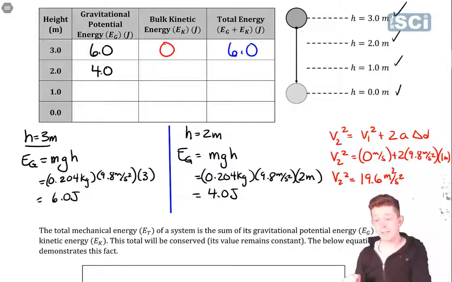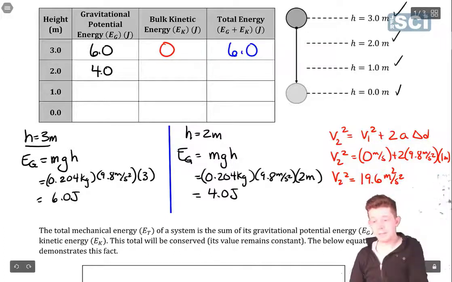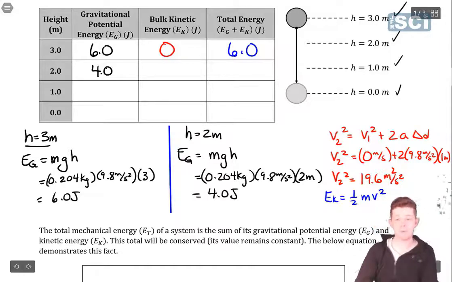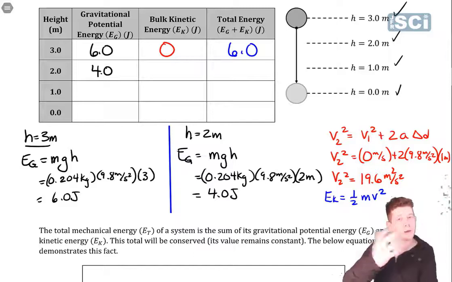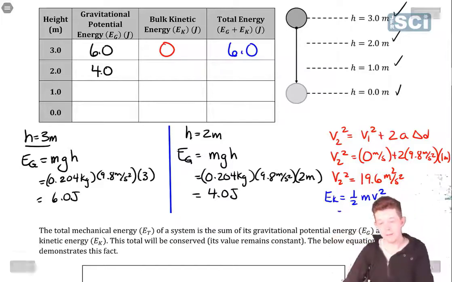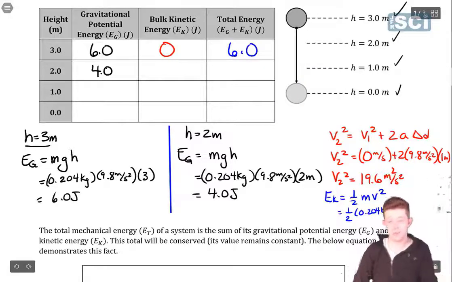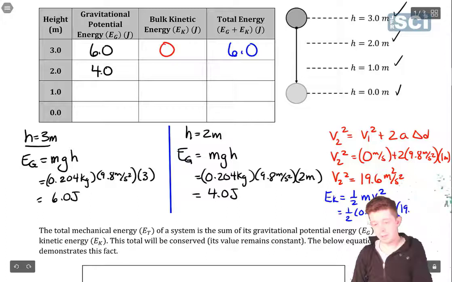The reason for that is that when I substitute it into my kinetic energy, I have 1/2 mass multiplied by v squared, and I'm going to keep that squared. So when I substitute it in, I don't have to find the square root and then square it again. So I get 1/2 times 0.204 kilograms, because my object's mass doesn't change, multiplied by 19.6 meters squared per second squared.